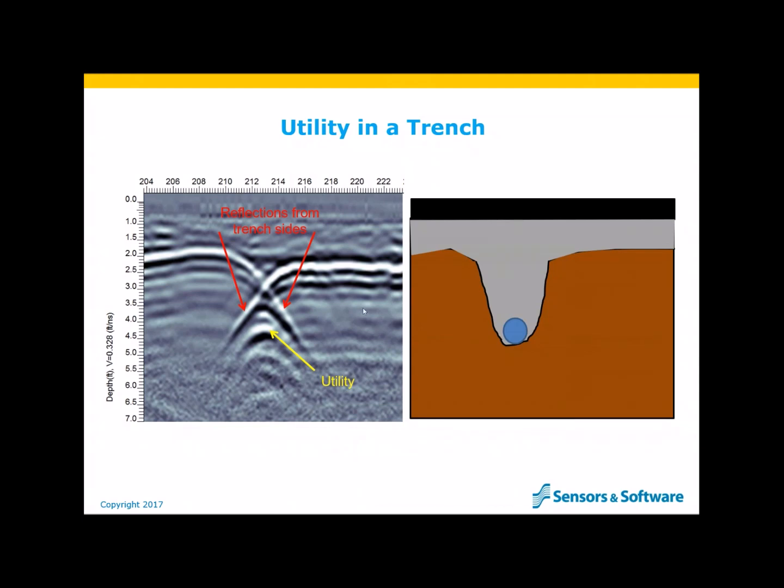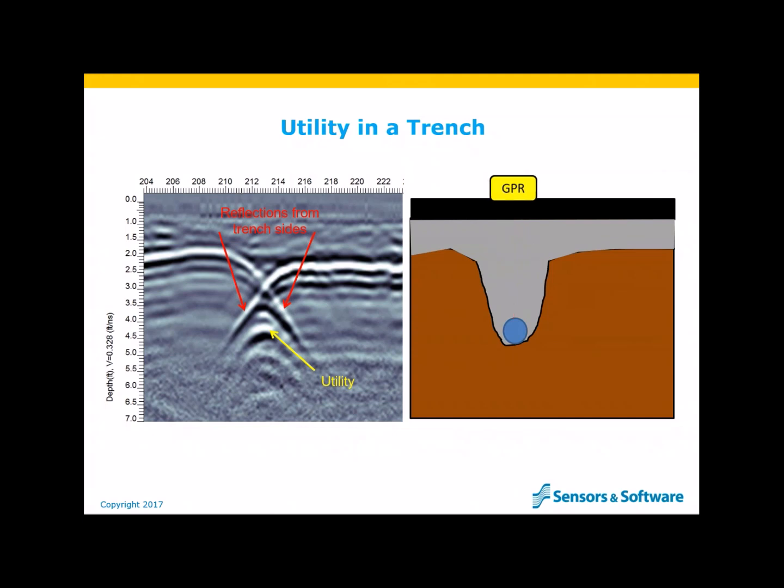When the GPR is on the left side of the trench, it sees the reflection from the boundary below it and the far side of the trench deep in the GPR line. As the GPR moves, the far side of the trench gets closer and the reflection moves shallower in the GPR line. When the GPR reaches the middle of the trench, it gets reflections from both sides of the trench.